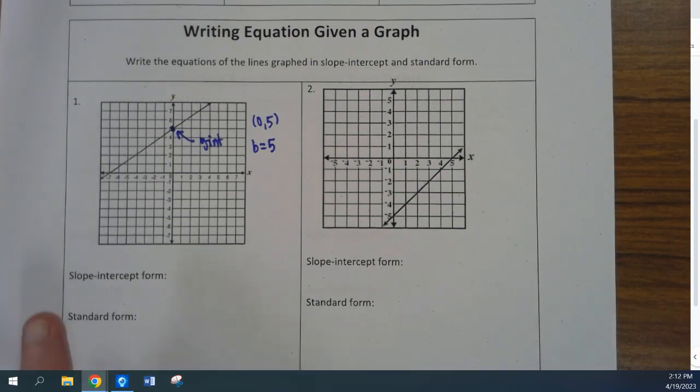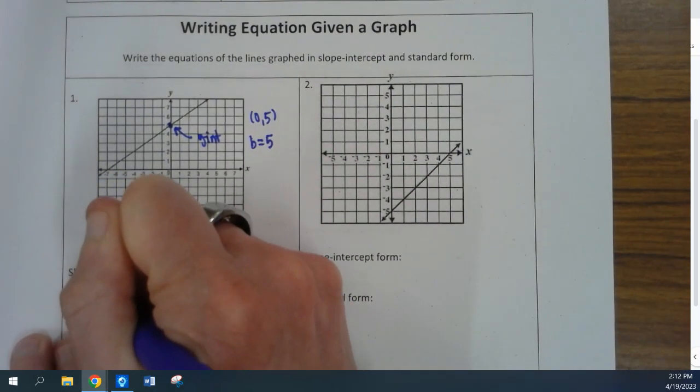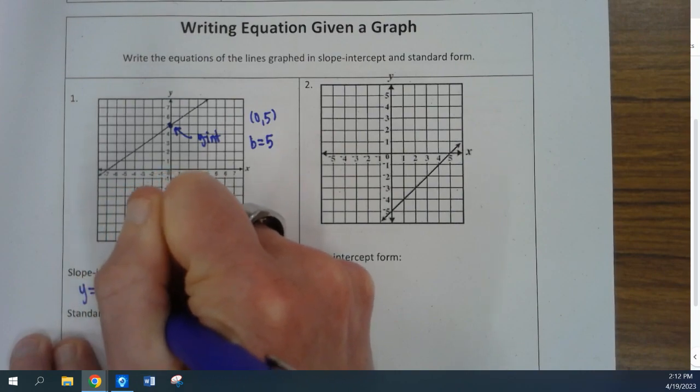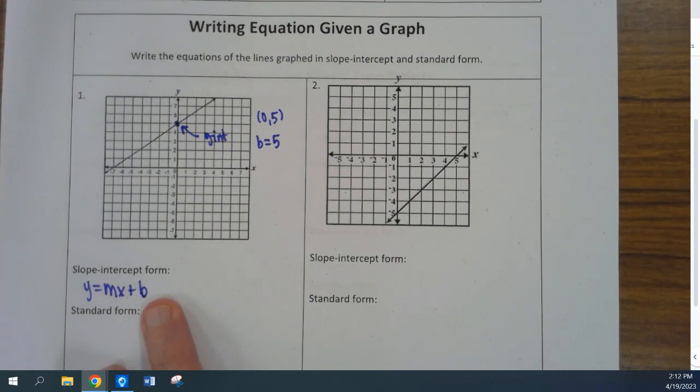In order to write the equation in slope-intercept form, that y equals mx plus b, in addition to the value for the y-intercept, I also need my slope.